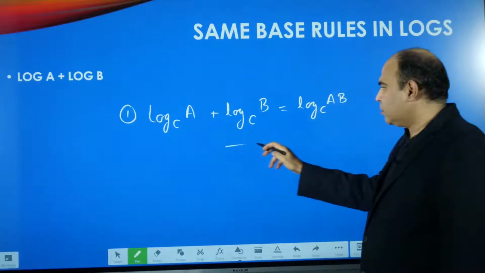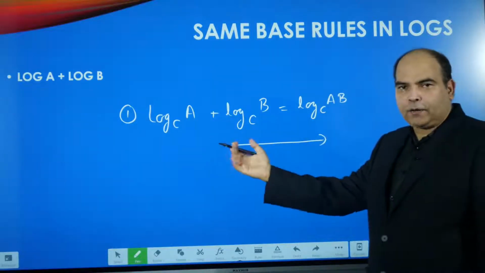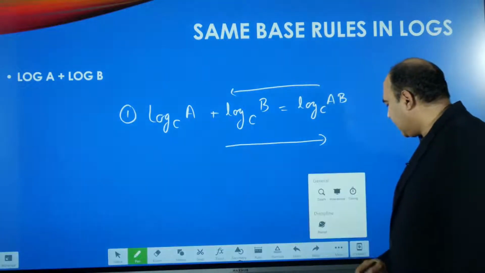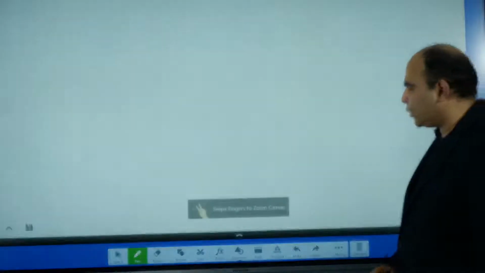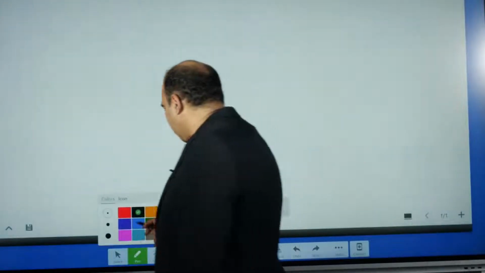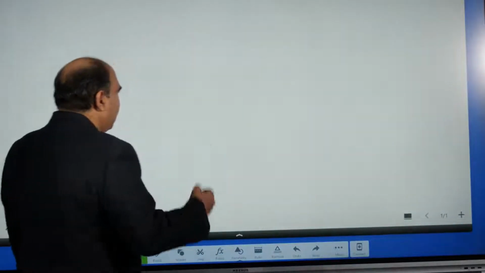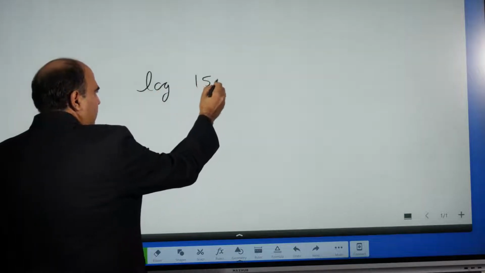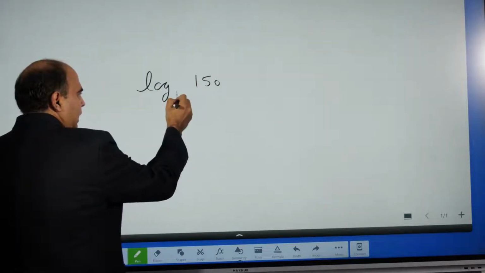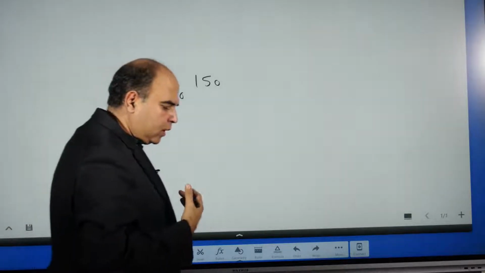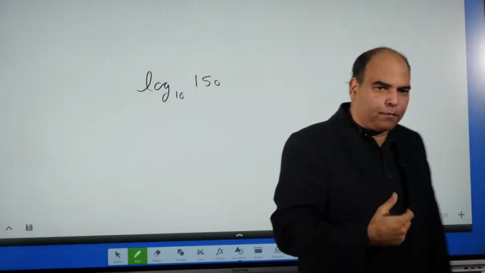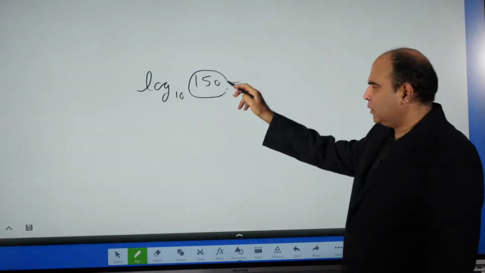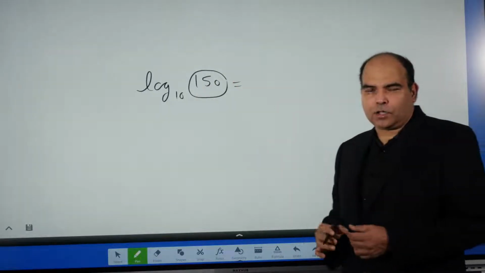And this rule is used going from the left side to the right as well as from the right to the left. What do I mean by that? What I mean by that is, suppose you have a situation where you have something like log 150 to the base 10. तो इसको तुम, if you want, you can split this 150 into its factors. Now this is the going from right to the left situation.